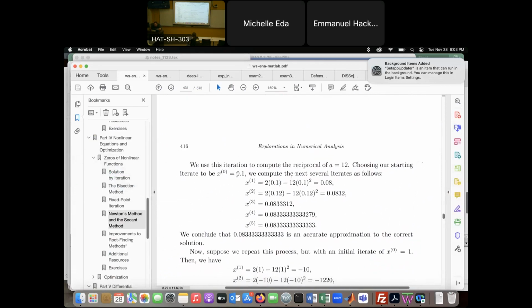My initial guess is 0.1, and then I carry out 2 times the previous guess minus 12, the number I want the reciprocal of, times the previous guess squared. I get 0.08, so already that's a couple decimal places correct. Then I do it again to get closer, and then get very close still. So all it takes is 5 iterations, and I'm there to quite a few decimal places. So in that case, it worked very well.